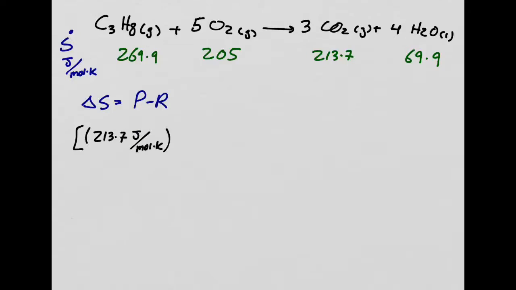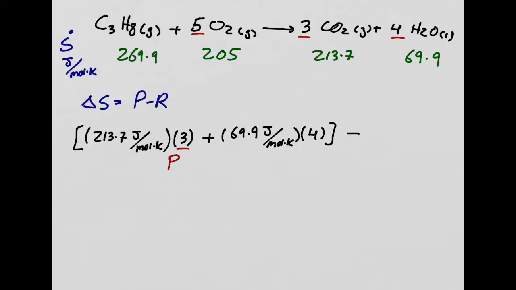Don't forget, we have to care about the coefficient, because there is a mole component in there. So I times it by 3. Why do I times it by 3? Because the coefficient matters. I'm going to add up all the products together. Then it's 69.9 joules per mole K times 4. Again, the coefficients do matter. So that is all my product.